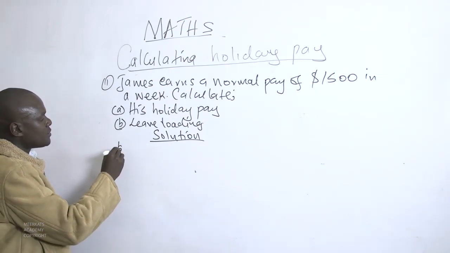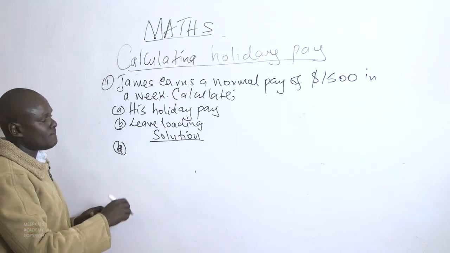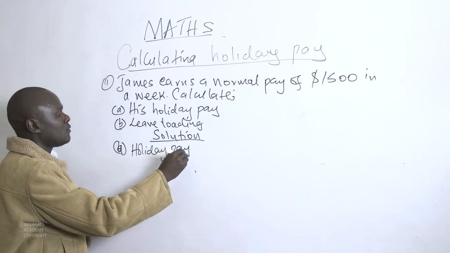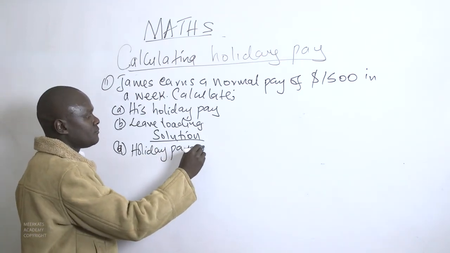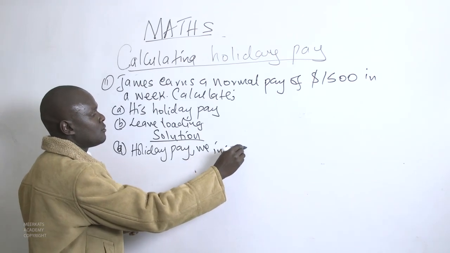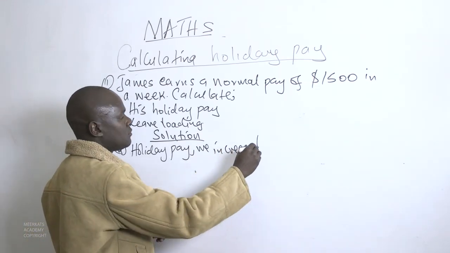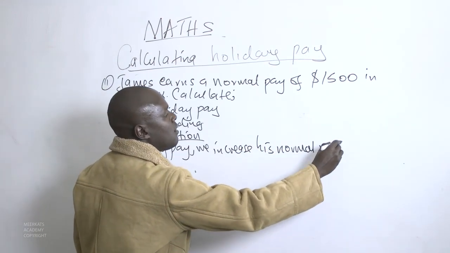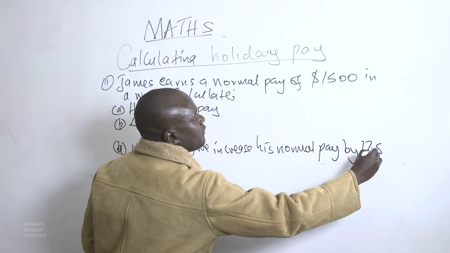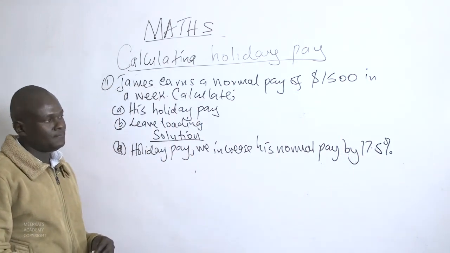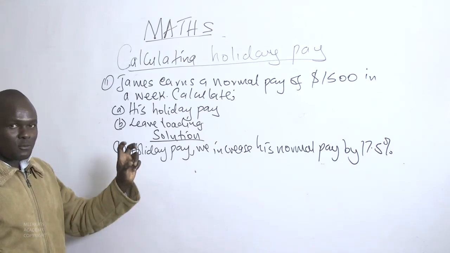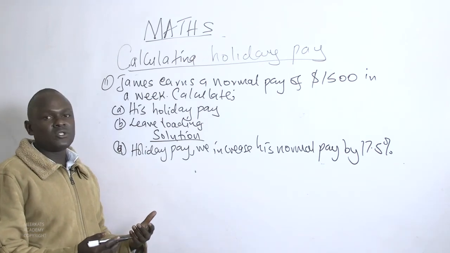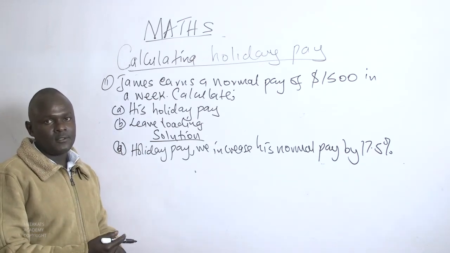For us to get his holiday pay, we increase his normal pay by 17.5% to get what he will earn. So it means the normal pay in this particular case, we take it to be 100%.